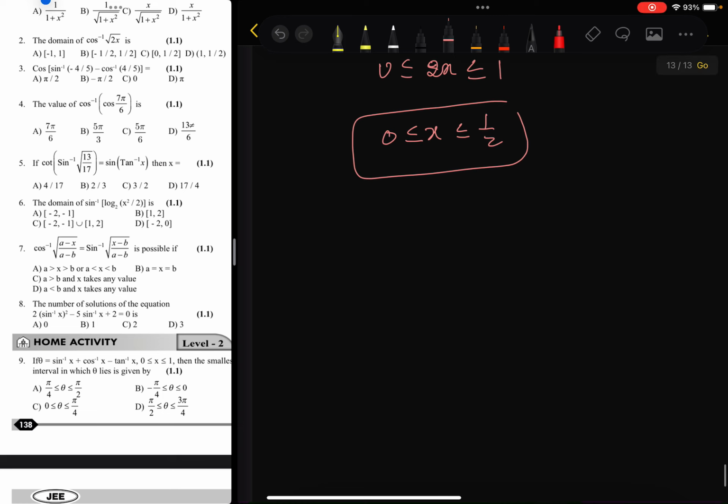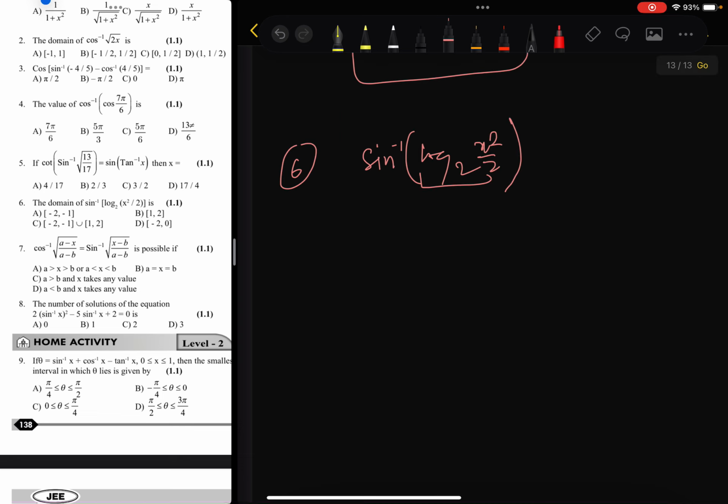Right, this is question number 6. Sine inverse of log base 2 of x square by 2. Again this value should lie between minus 1 to 1. And x square by 2 should be greater than 0. So x should be greater than 0. Right, now see here, log base 2 of x square by 2 should be less than or equal to 1 and greater than or equal to minus 1.